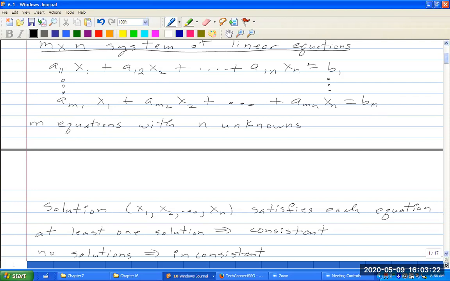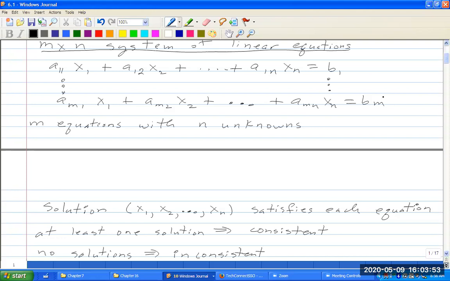Well, that's one equation. And we have m equations, say a sub m1 x1 plus a sub m2 x2 plus a sub m3 x3 plus dot dot dot a sub mn x sub n equals b sub m. And so we have here m equations with n unknowns. That's a system of linear equations.